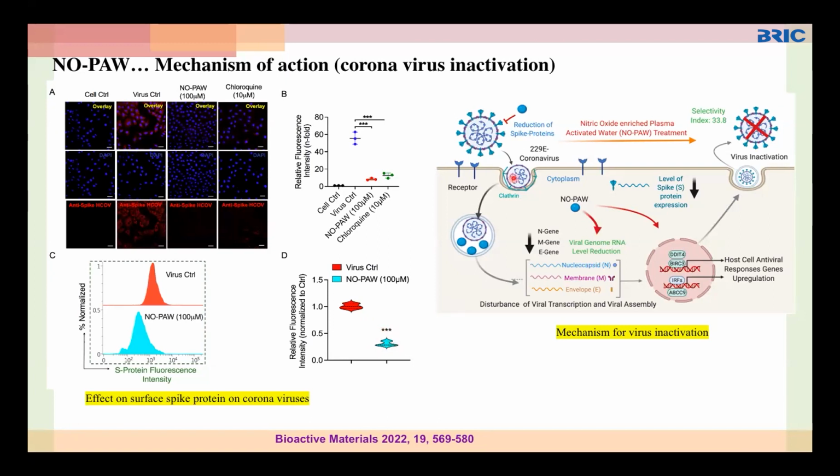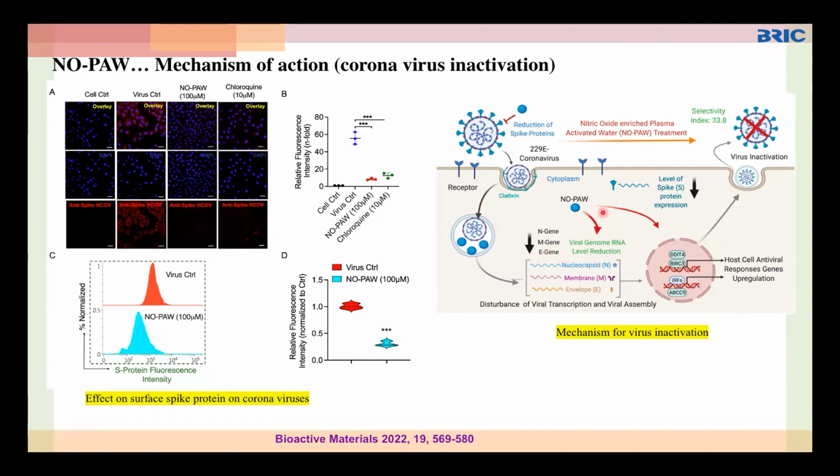And finally, we reported the mechanism in this paper. Not only virus reduction, it is also damaging the S protein of the virus, which is responsible for entry to the host cells. And even if they can enter the host cells, our treatment strategy is reducing viral genes such as the viral N gene, M gene, and E gene to reduce further proliferation.